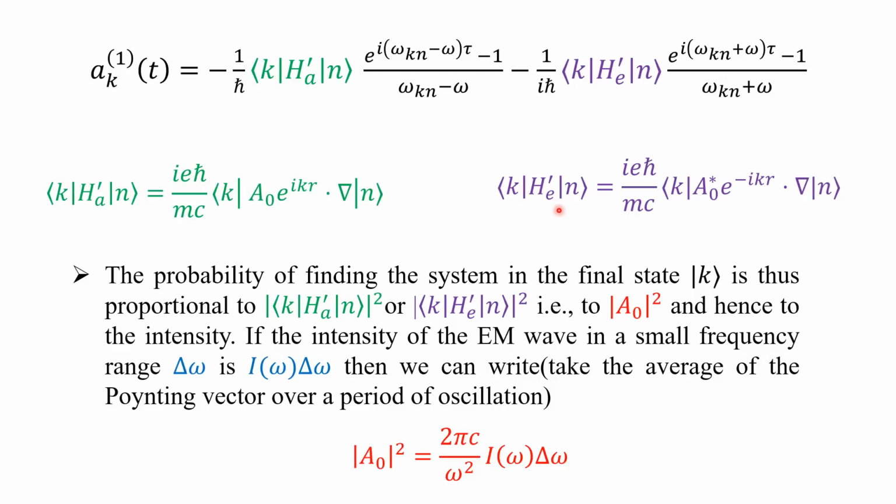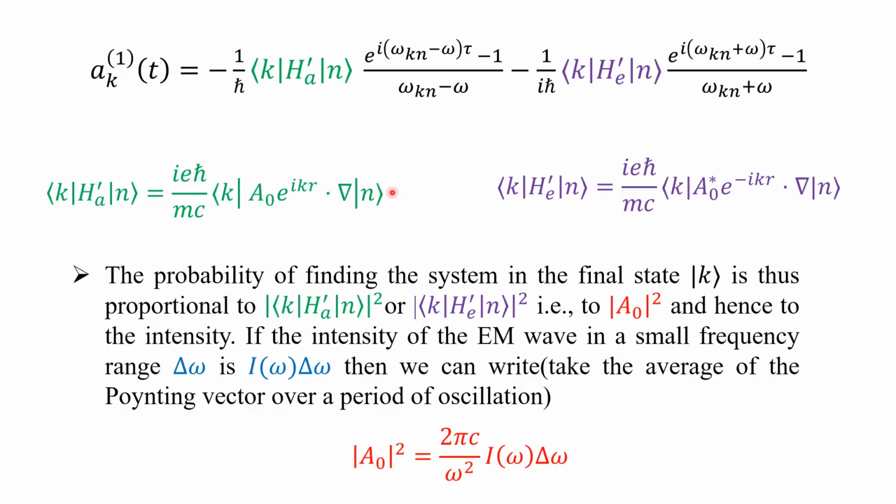Similarly, <k|H'_e|n> is defined as i e ħ over mc, k A_0 star e^(-i k·r) del, that is ket n. This is what we defined earlier. From this, we can understand that the probability of finding the system in the final state k is proportional to the modulus square of this one, the left-hand side, or the modulus square of this one.